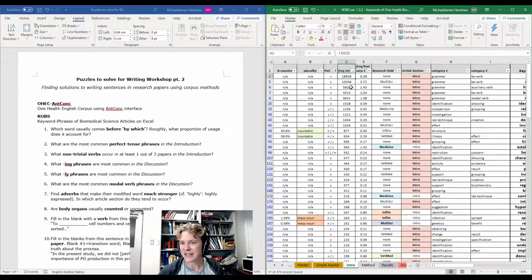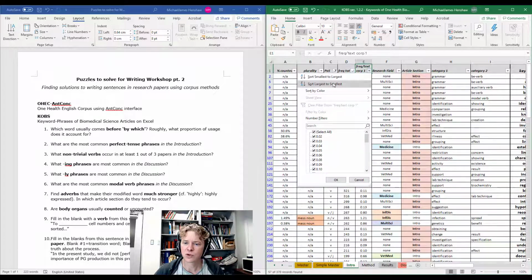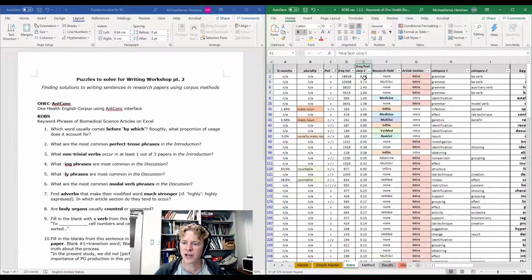This keyword list is by default sorted by the total frequency of each keyword. But since I'm only interested in the introduction, I'm going to sort frequency per text. Sort largest to smallest, and we get a little change. This is because the frequency per text only refers to that which is colored.